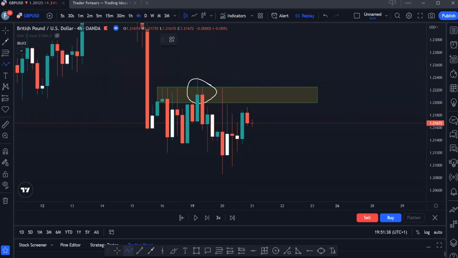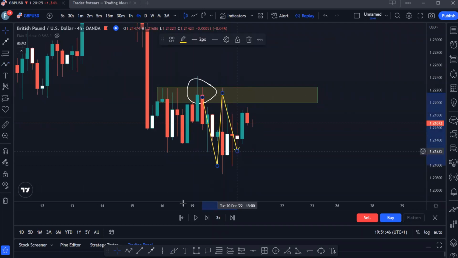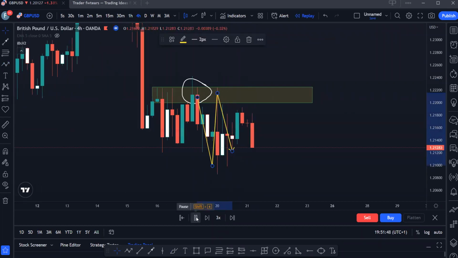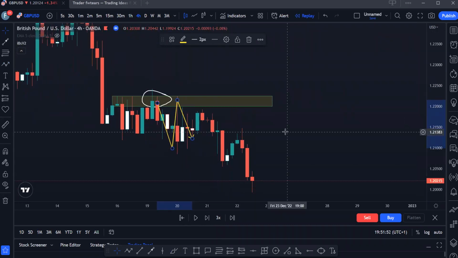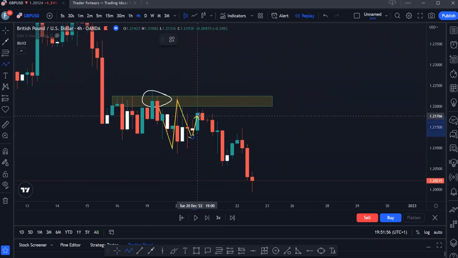Eventually, price came down like this, went back up into that resistance, and went back down. So that resistance zone is a very, very strong resistance, and ultimately it pushed price all the way down.